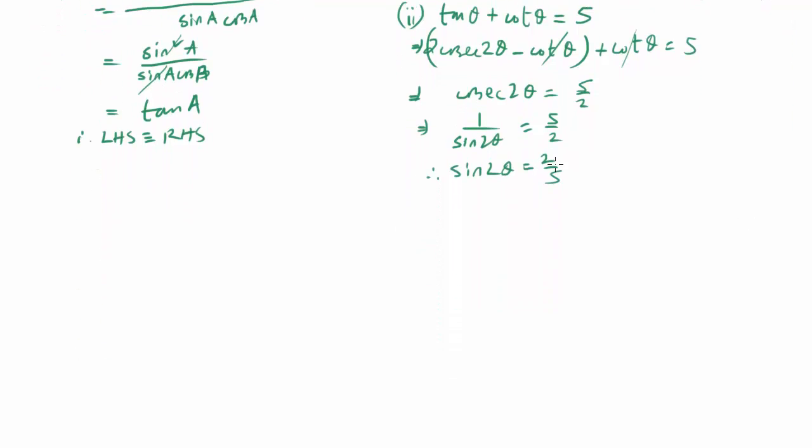Now we can just solve this. The quadrants are going to be the first and second quadrant, since sine is positive. Therefore, 2 theta equals sine inverse of 2 by 5. Since the range is from 0 to pi by 2, we have to find this in radian mode.